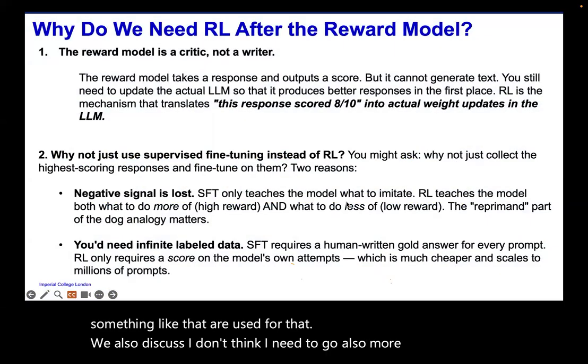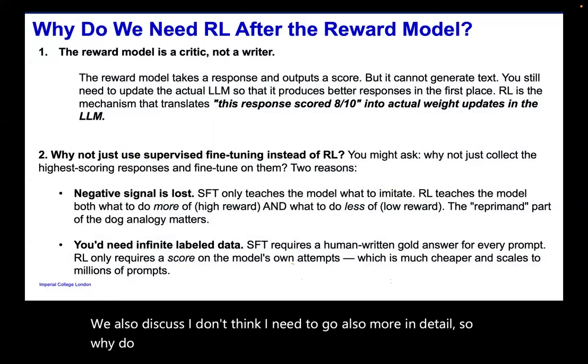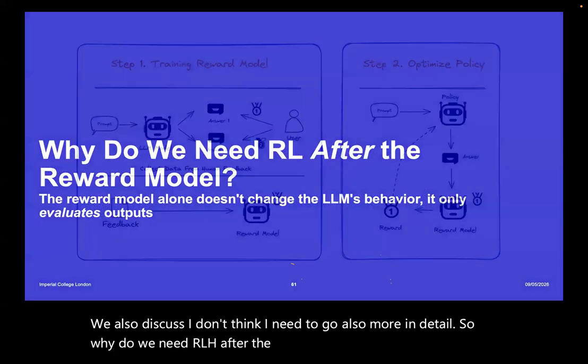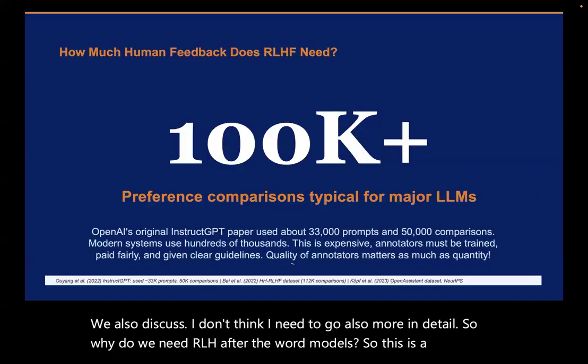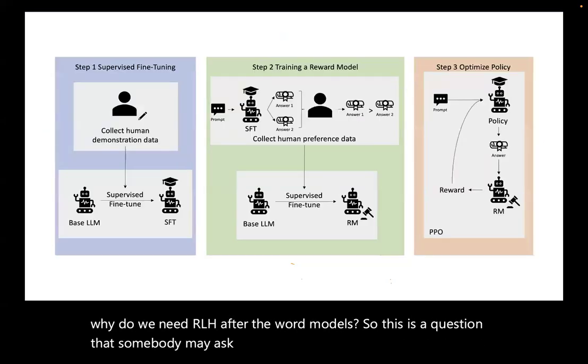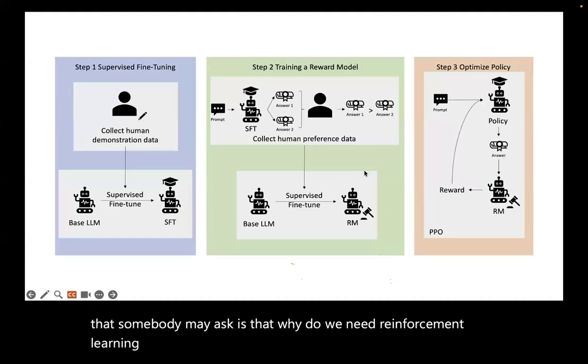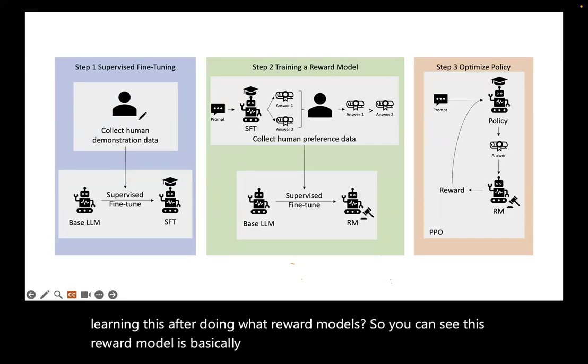So why do we need RLHF after the reward model? This is a question somebody may ask: why do we need reinforcement learning after training the reward model? You can see this reward model is basically a model that ranks a given output.